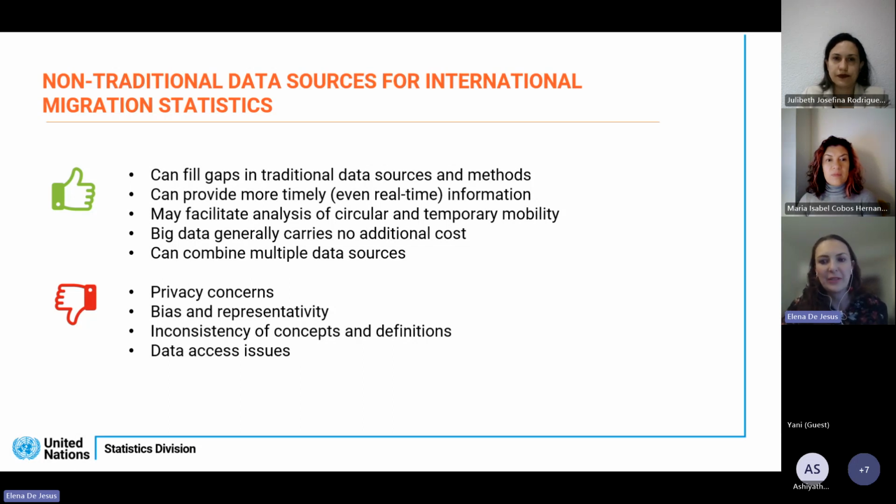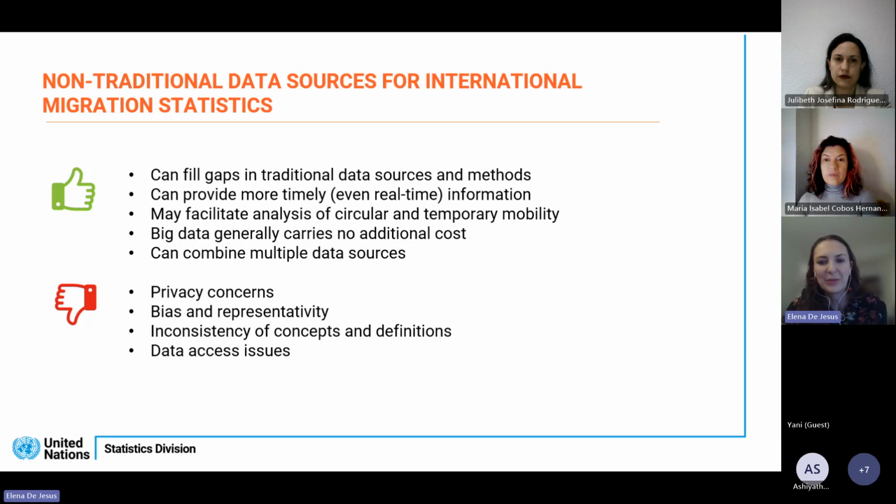But of course, there's also a number of challenges. Privacy is of course a concern that is to be dealt with in different ways that maybe we're not used to in relation to traditional data sources. In the case of social media, for example, we can run into bias: who is responding, what kind of data are we getting, and what sentiment is more frequently expressed in social media.